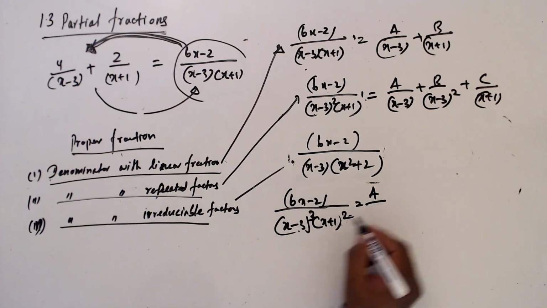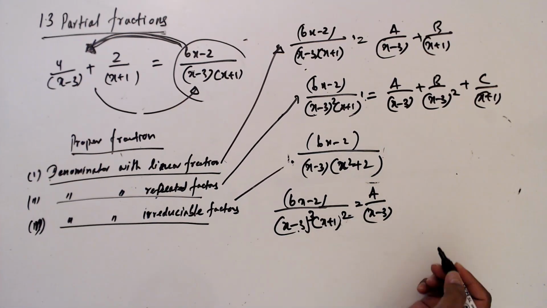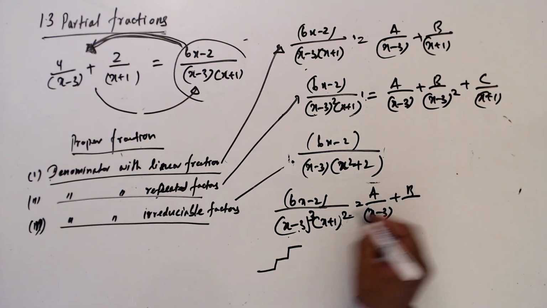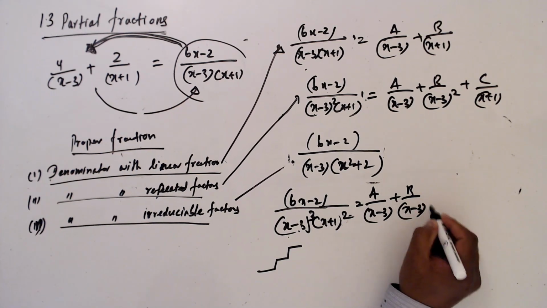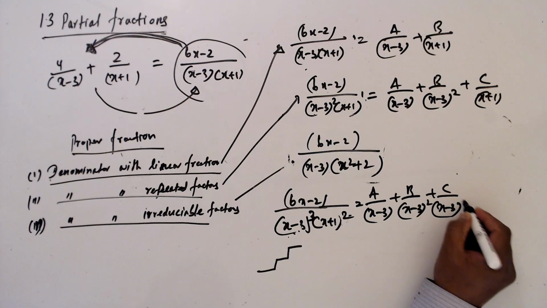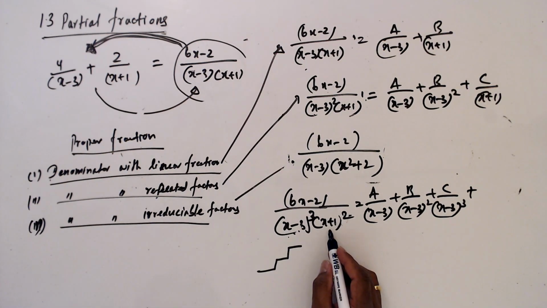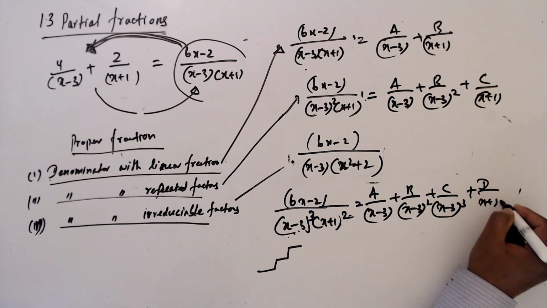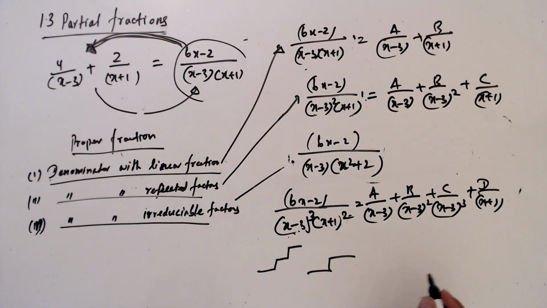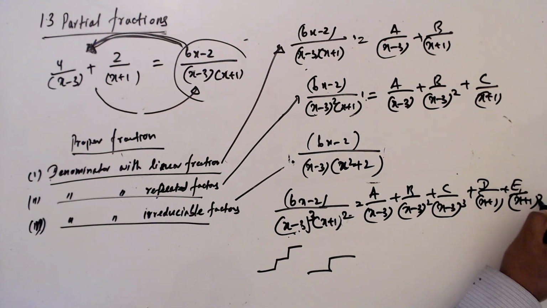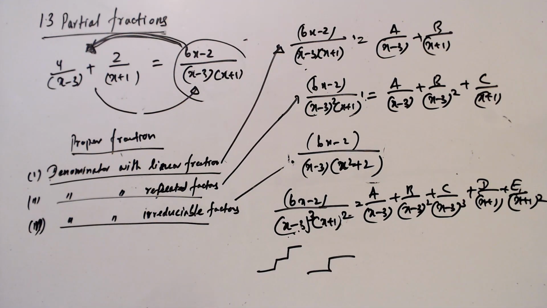A over x minus 3, then B over (x minus 3) squared, and C over (x minus 3) cubed, since this is 1, 2, 3. Then for the other factor, D over x plus 1, which has only 2 steps, and E over (x plus 1) squared. That's all basically.